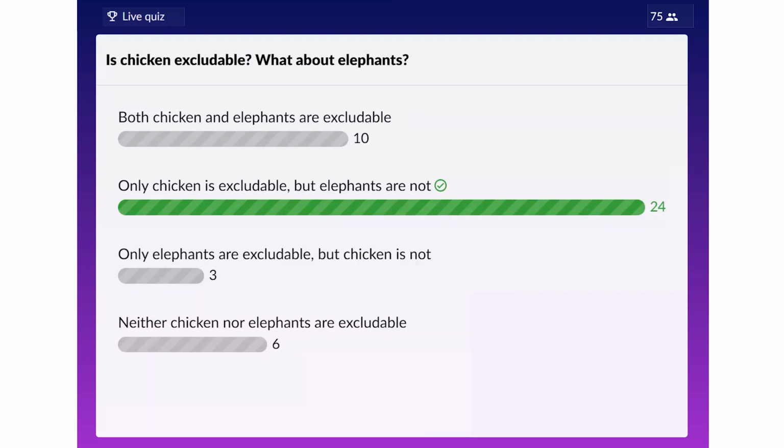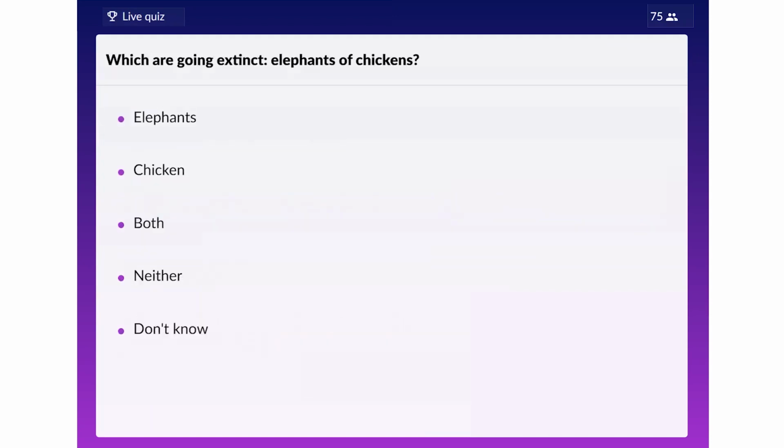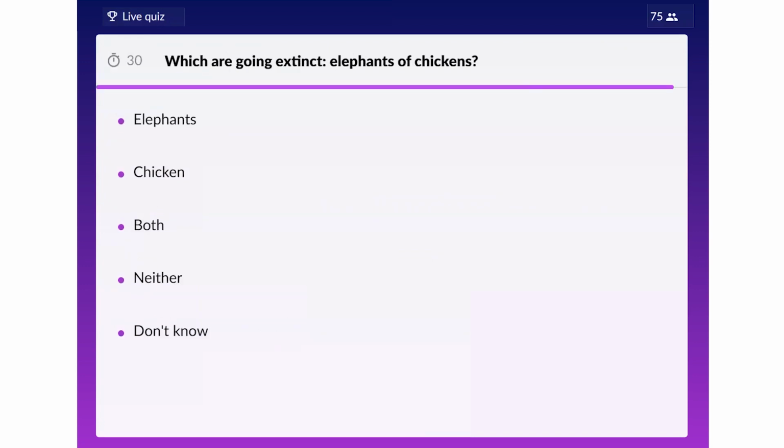And of course, that is the main difference between common resources and private goods. So which is going extinct, elephants or chickens?